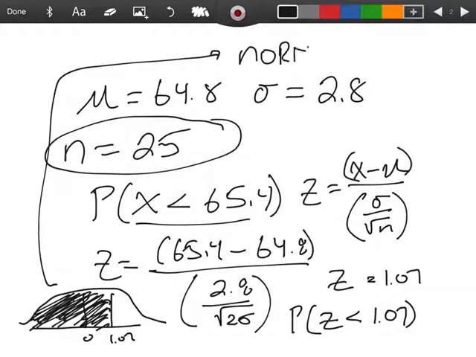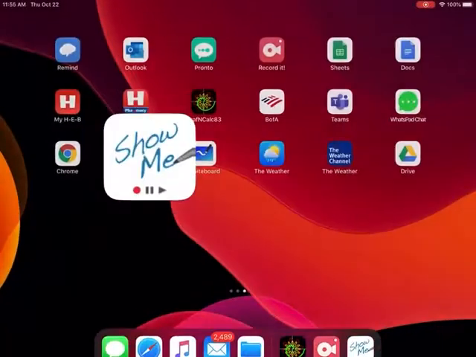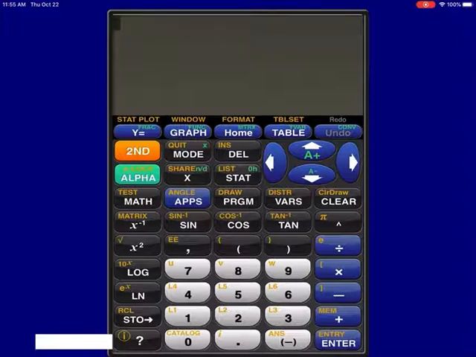But I'm going to go to my normal CDF. Remember, we have 2 numbers, the lower number and the upper number. My lower number, since I'm all the way to the left, is my negative 9999. My upper number, in this case, is 1.07. So let's go ahead and do that part. Clear this out.